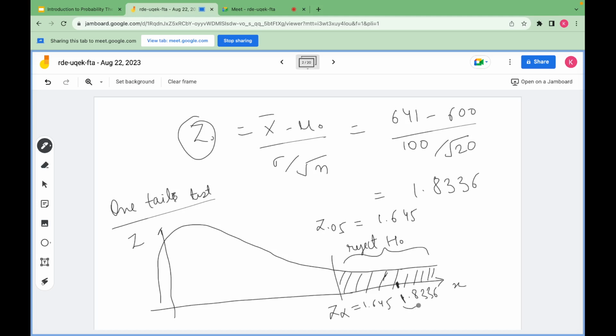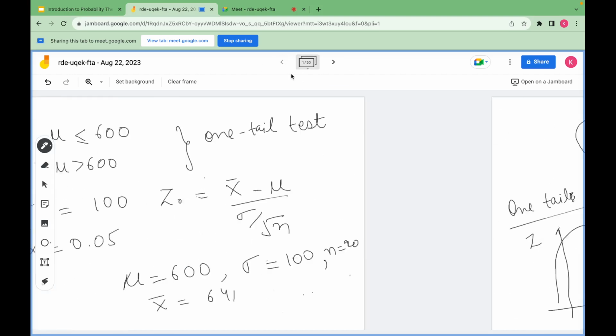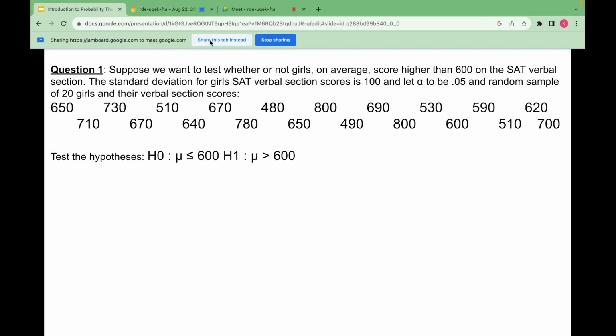This Z0 is higher than Z alpha, so it lies in this critical region, and we reject our null hypothesis, H0.